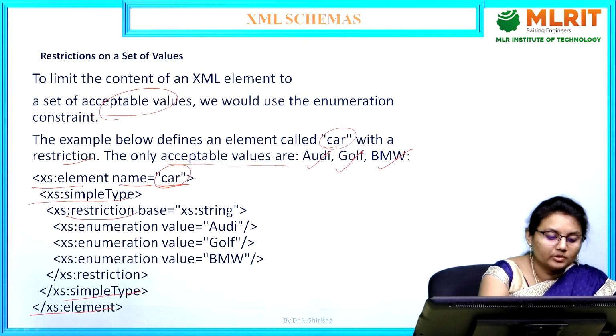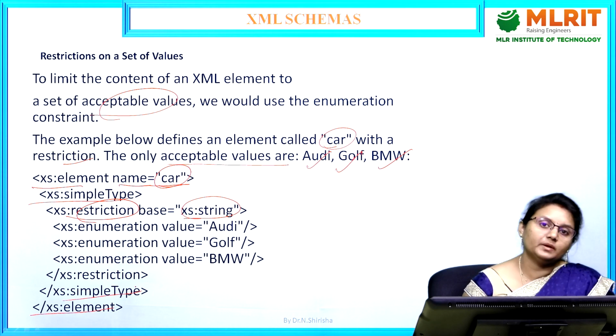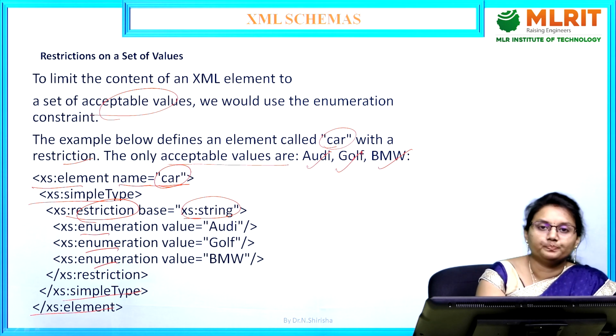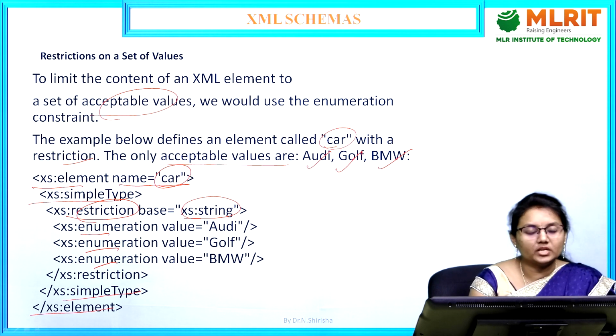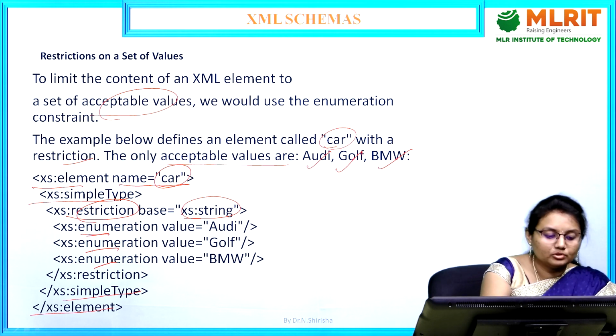So restriction. What is a restriction? Base string. What are the restrictions? I have multiple restrictions. When I have multiple restrictions, I need to use enumeration. xs:enumeration, sequence type, element, attribute, for everything you need to write the prefix xs for XML schema. So why am I using enumeration here?